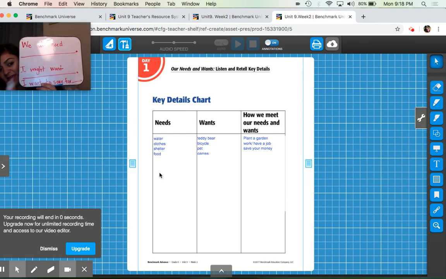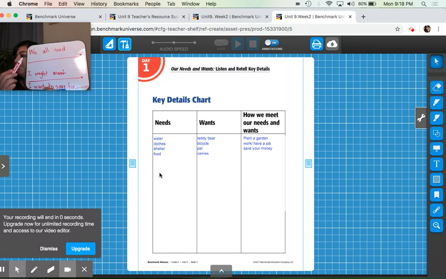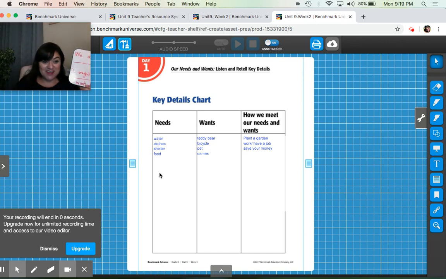So on this last one, I wrote down I want to save for a necklace. I might want a new telephone. We all need water and to survive.